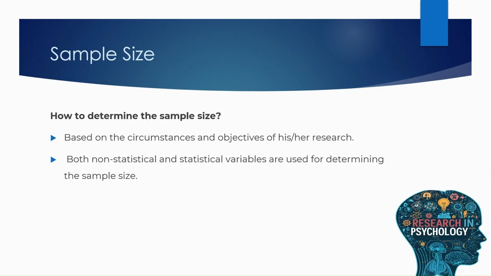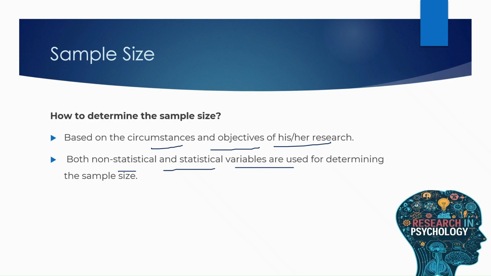Going forward, how to determine the sample size? We determine the sample size based on the circumstances and objectives of the research, right? I told you there is no fixed or ideal sample size. It will vary based on the research. Now, both non-statistical and statistical variables are used for determining the sample size.